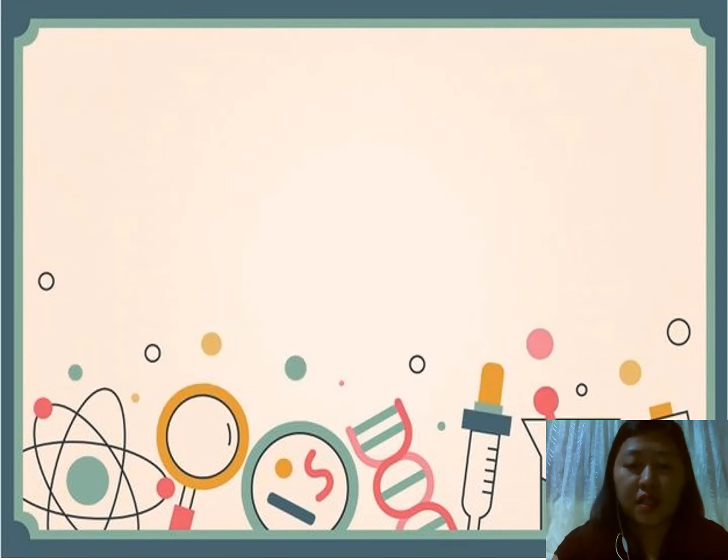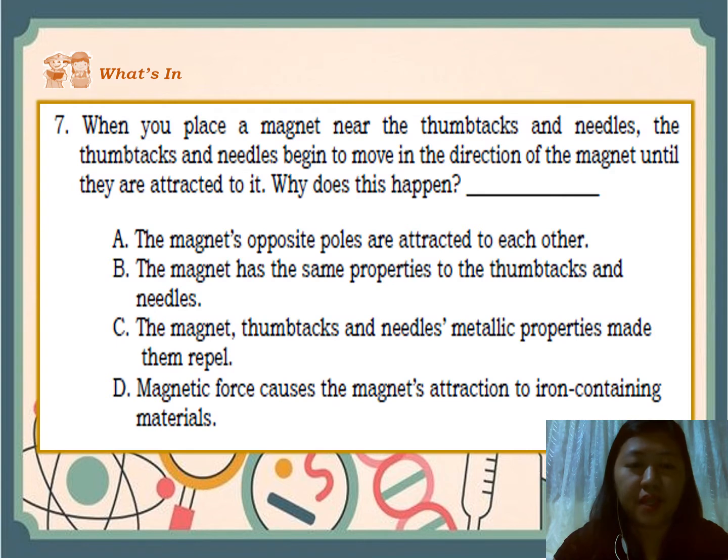All right, number 7. When you place a magnet near the thumbtacks and needles, the thumbtacks and needles begin to move in the direction of the magnet until they are attracted to it. Why does this happen? Is it A, the magnet's opposite poles are attracted to each other?